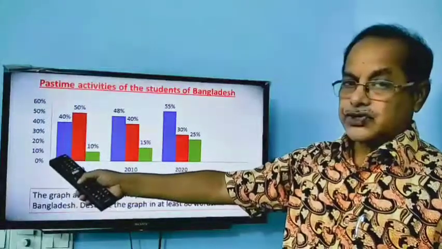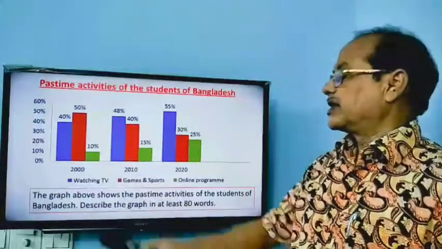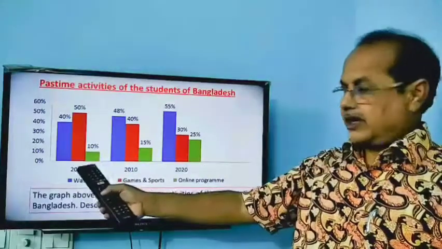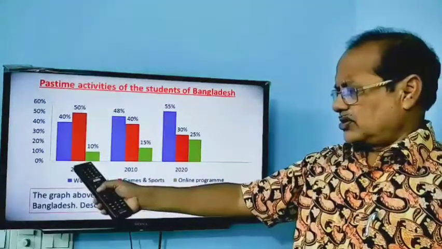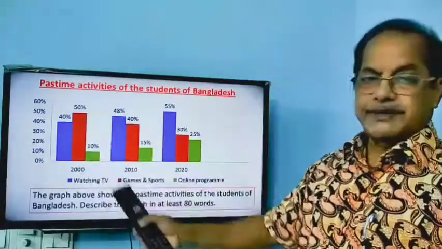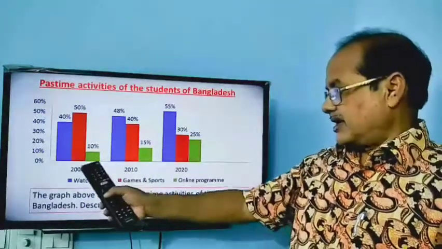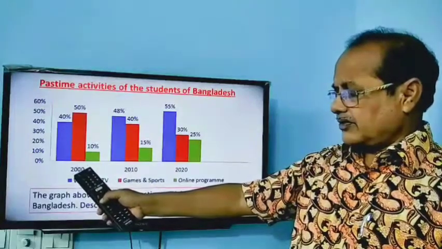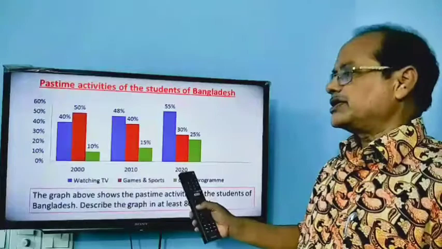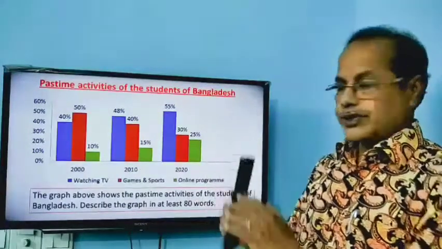The vertical line is to mark the range, and there is another line which is the horizontal line. In the horizontal line we see 3 consecutive years in which the survey has been taken, that is in 2000, in 2010 and in 2020 the survey has been taken on the students.